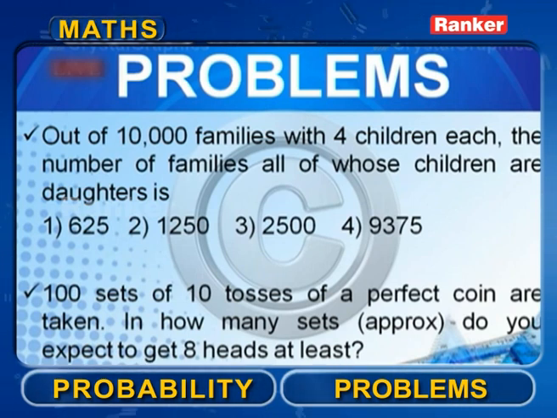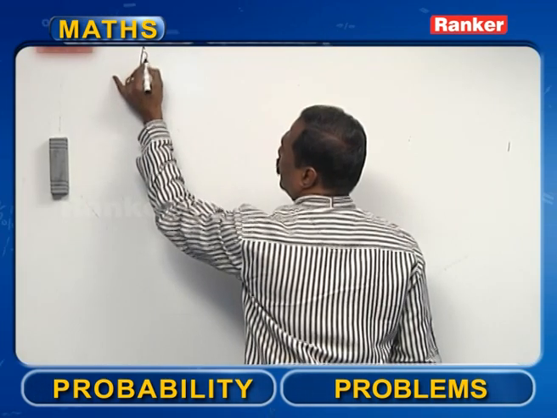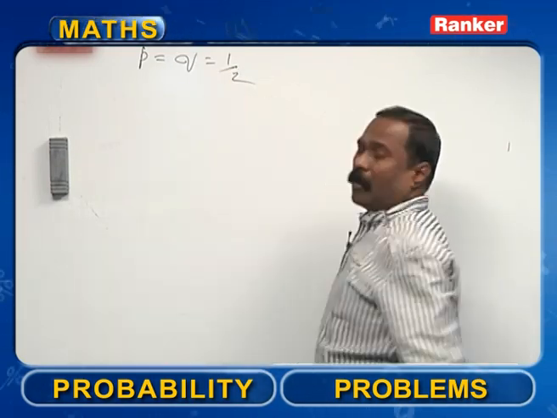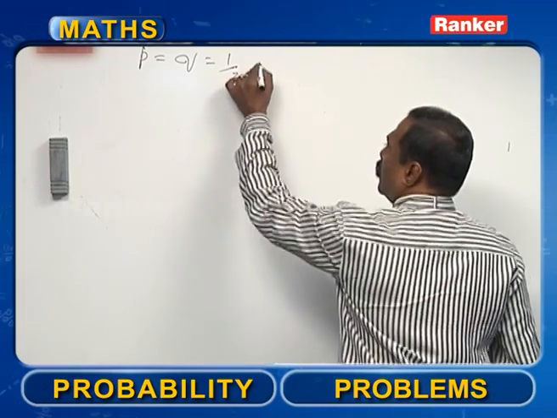So, in how many sets approximately do you expect to get 8 heads at least? What does it mean? A coin is tossed. What is the probability of getting a head and getting a tail? It's nothing but 1 by 2.